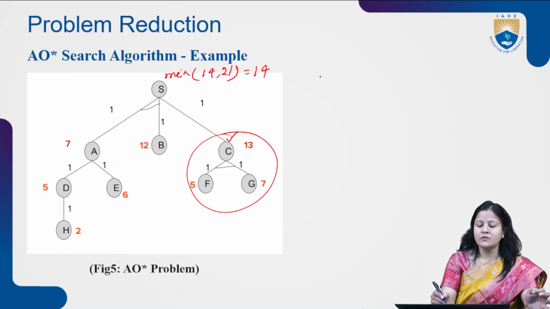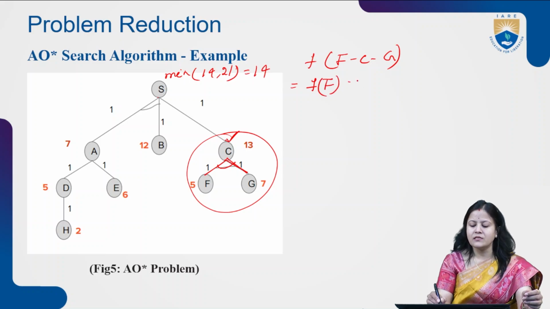Now how to achieve C? The same formula we will apply. We have to achieve C, as it is an AND arc, so we have to follow the complete path. So we will find the cost of this complete path, then only we can achieve C. Then what will be the formula?